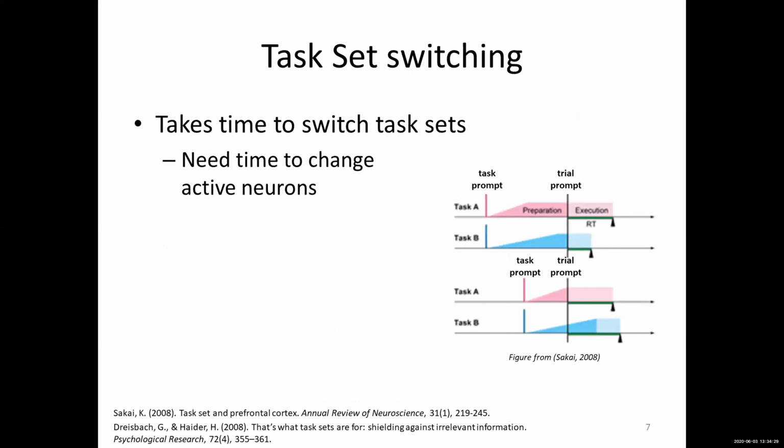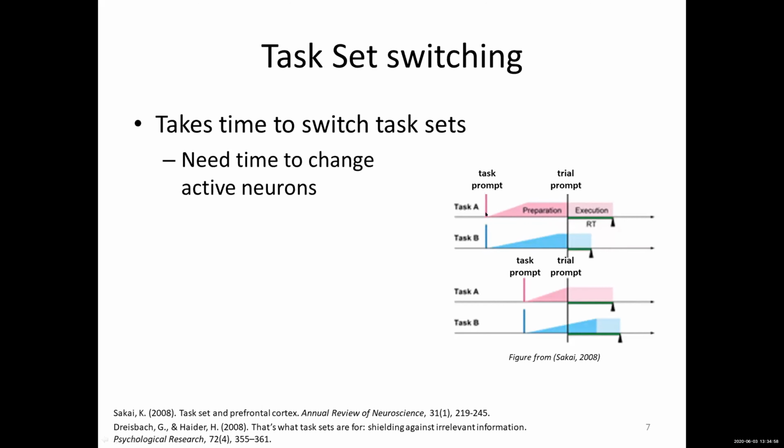And task sets are also thought to be a significant factor in explaining how long it takes for us to do the things that we do when we're switching tasks. It takes time to change whichever set of neurons are active. In this figure, there is an example where the pink line, or the first line on the left, shows when a subject is told which tasks they're about to need to perform, and then the line on the right shows when they actually receive the prompt.